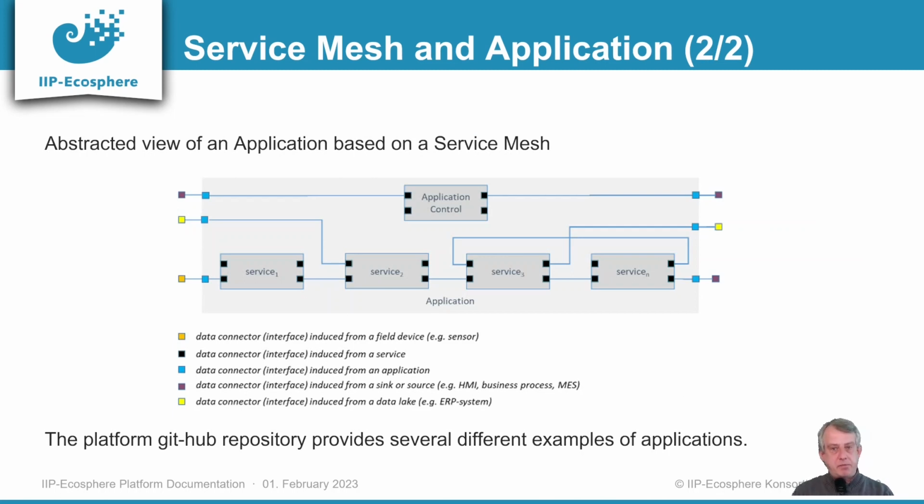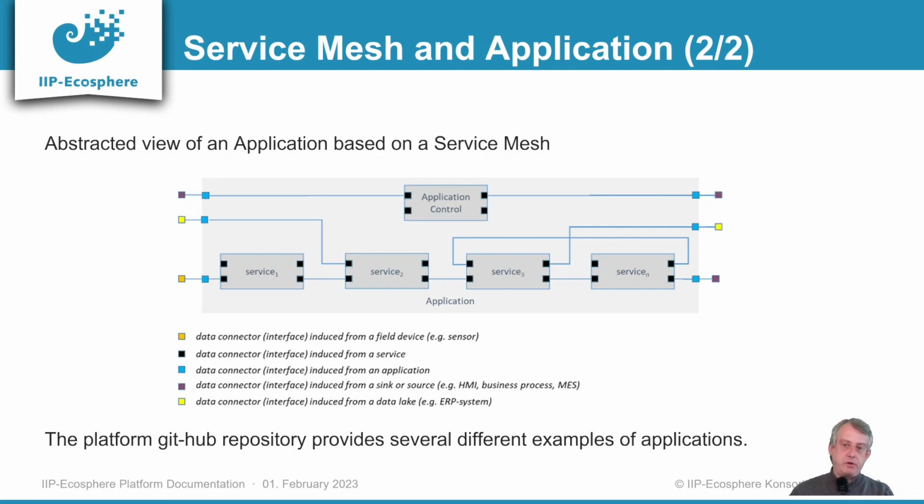As stated, the basic idea of developing an application in the platform is the orchestration of services into an application with platform services, one or more application-specific transformer services, and optional hybrid services forming a service mesh. Several kinds of data connectors form the links between the services in the service mesh and the connections of the application to the platform in general.